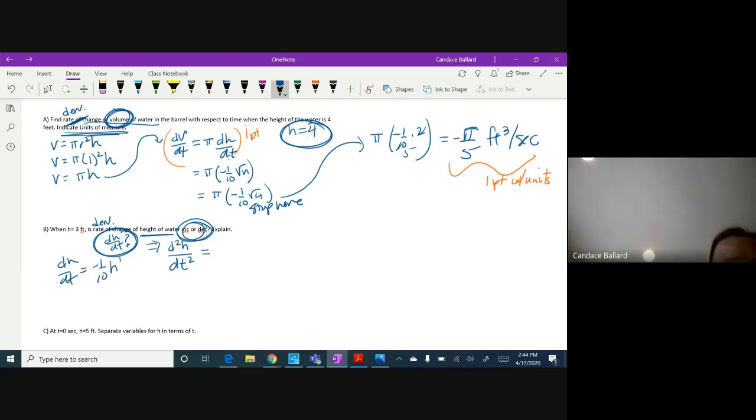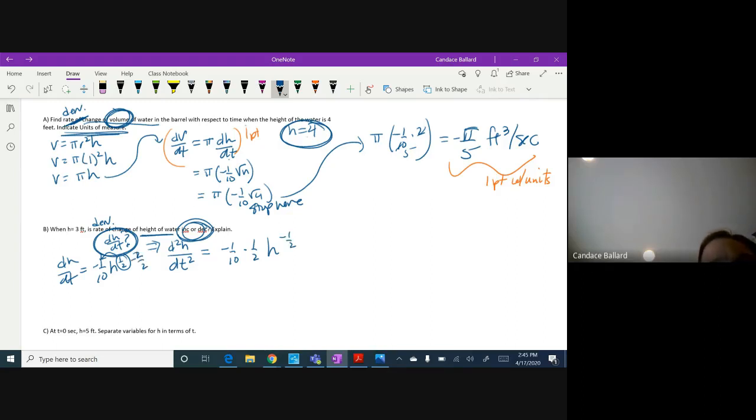Instead of square root of h, I'm going to write h to the 1/2 power. So if I'm going to go ahead and take that derivative, okay, and we're going to do this implicitly, okay. So I'm going to take this 1/2 and put it in front, so you get -1/10 times 1/2 h, and then we subtract 1 from the exponent, or subtract 2/2, so -1/2 power.